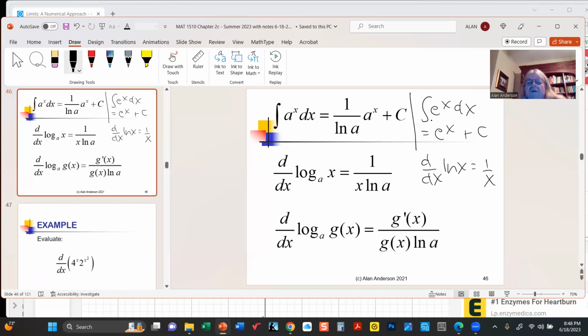So in other words, these are the same rules that we've already seen, but you have this extra constant. So in other words, when we apply these rules to e to the x, we don't have this constant. That's what separates these from what we saw earlier with e to the x or log x.